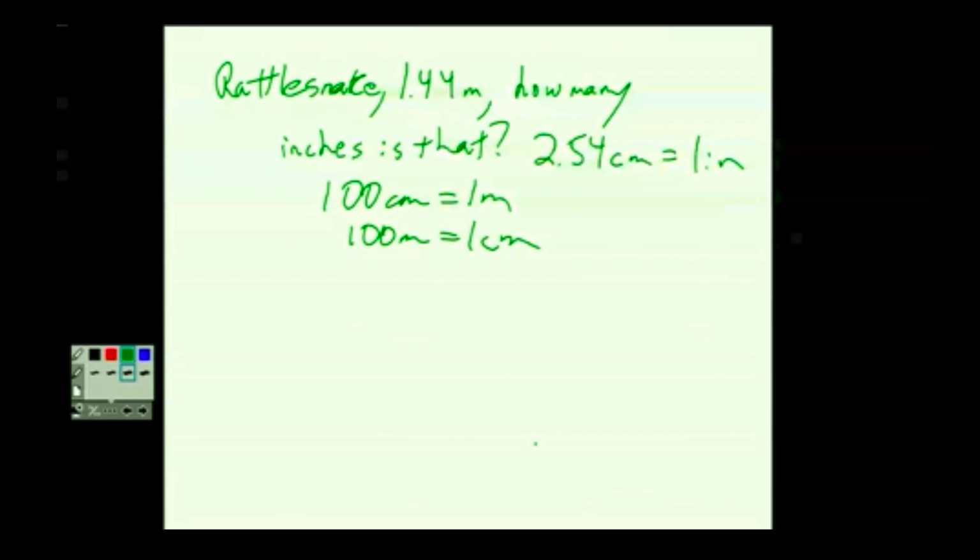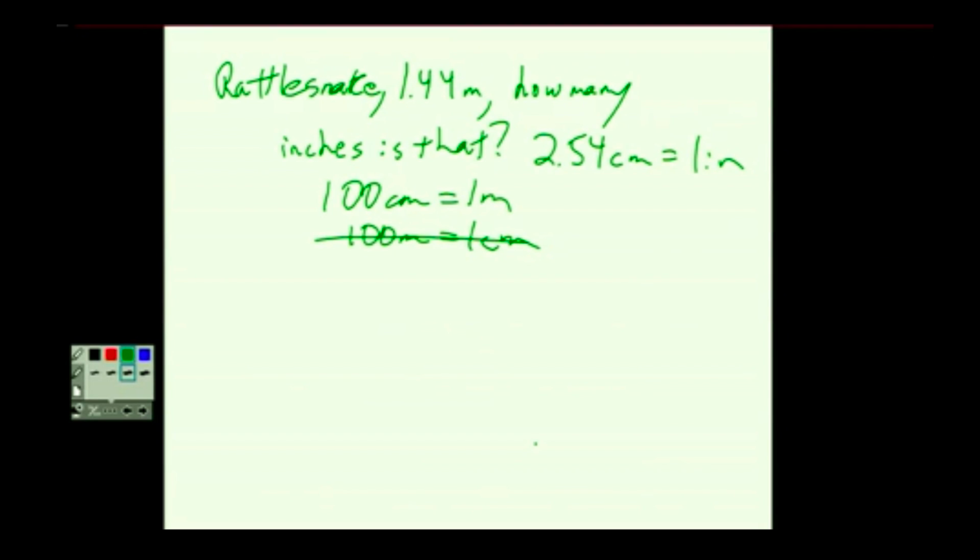There's 100 centimeters in a meter, isn't there? There's 1,000 millimeters in a meter, right? Gotta learn your prefixes. Centi is small, right? There's a lot of centimeters in a meter. So this is the fact you need: there's 100 centimeters in a meter.